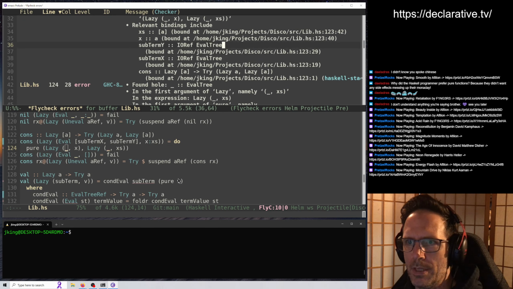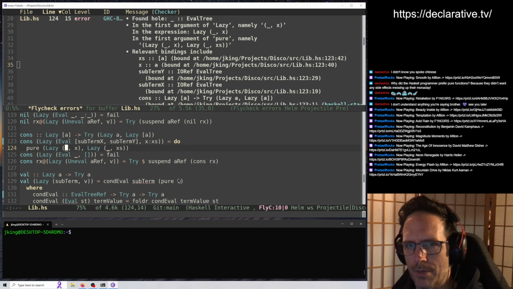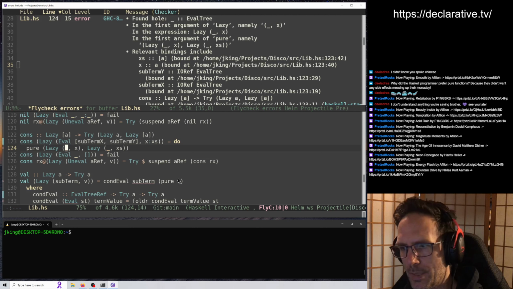If we can discharge that IO ref, we can read the value out of it, this eval tree. We would have something of type eval tree to stick in that hole. But we don't have an IO action here, so we can't read it without doing something unsafe.